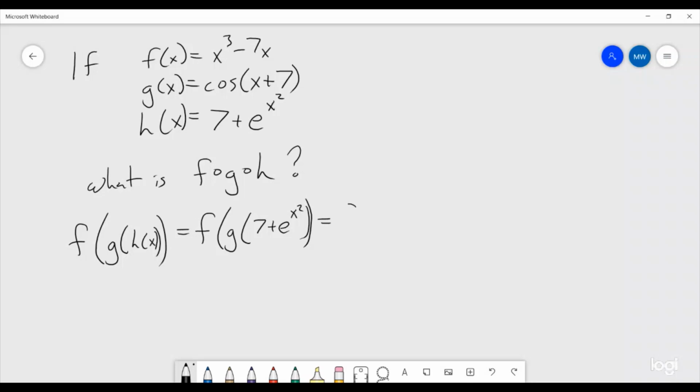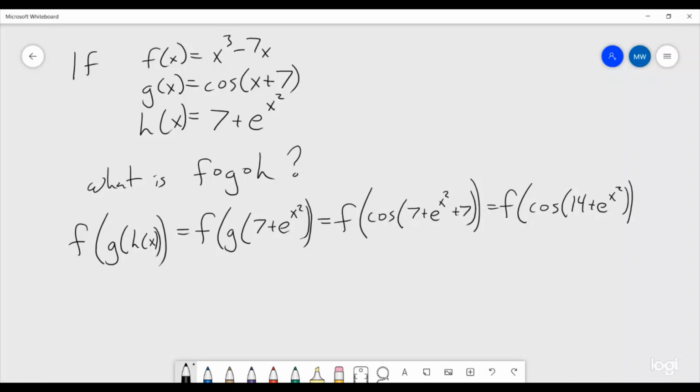So this will be f of cosine of 7 plus e to the x squared, plus 7. So this is f of cosine of 14 plus e to the x squared, which is going to be cosine of 14 plus e to the x squared, cubed, minus 7 times cosine of 14 plus e to the x squared.